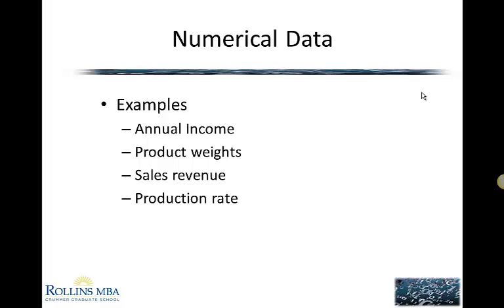The obvious one of these that would be discrete would be production rate, the number of widgets produced per unit hour. Assuming we're only making whole number of widgets coming out of the assembly line, then we either have produced 25 in an hour or 450 in an hour or something like that, depending on what it is that we're making. Something like product weight or sales revenue or income very often are thought of as continuous variables.